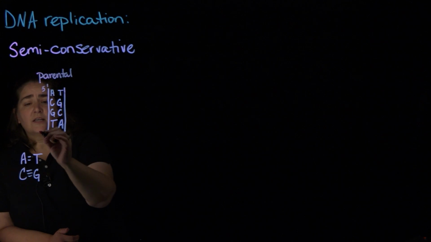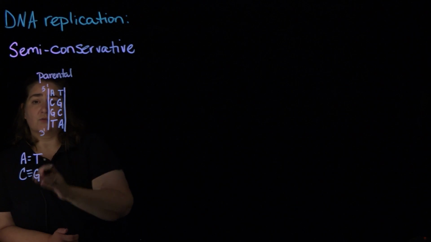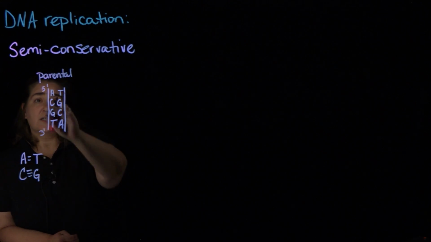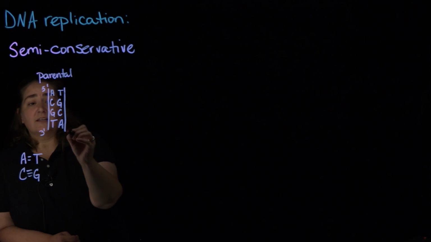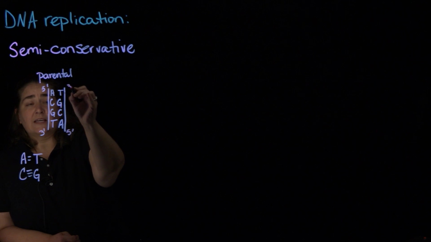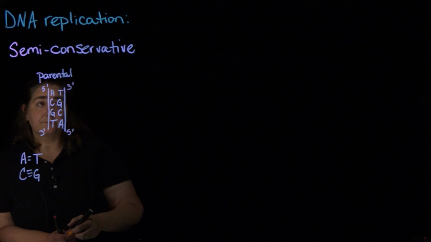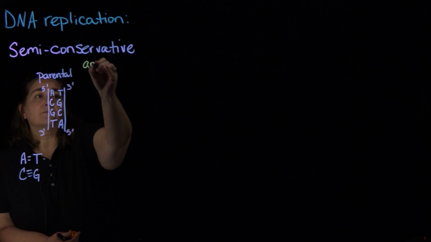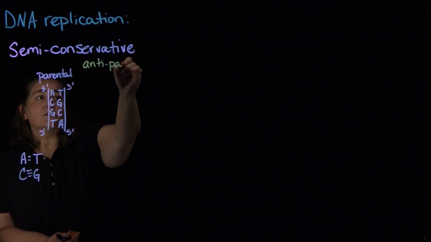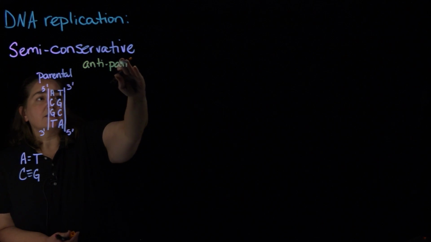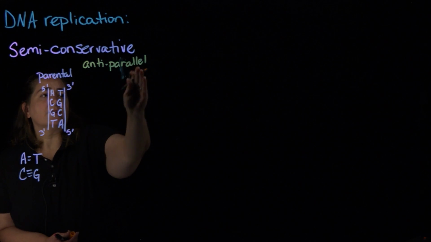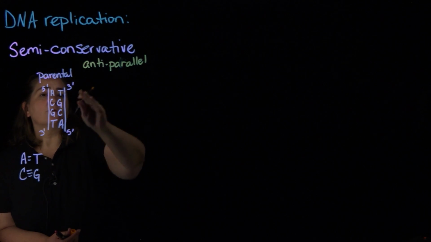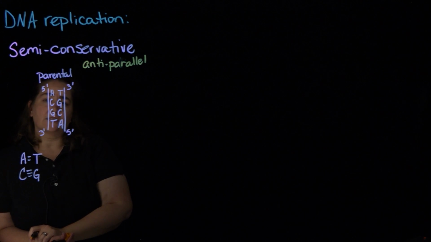Now that strand is going to have a directionality to it. It's going to have a 5' end and a 3' end. The other side is going to be anti-parallel. So the two strands in that case are what's known as anti-parallel.